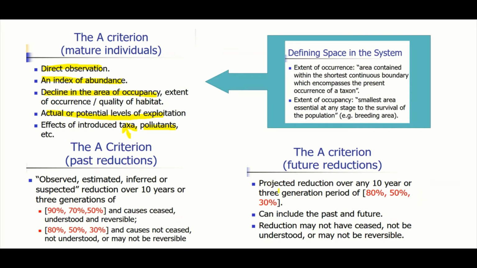Then for future reductions, projected reduction over a 10-year or 3 generation period of 80, 50, and 30%. It can include the past and the future. Reduction may not be ceased, not be understood, or may not be reversible.